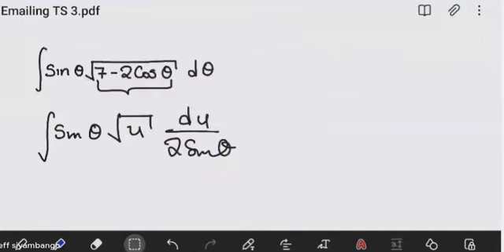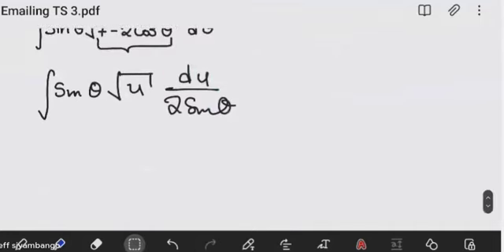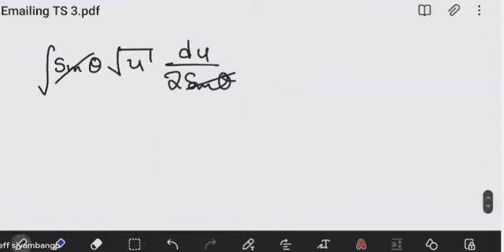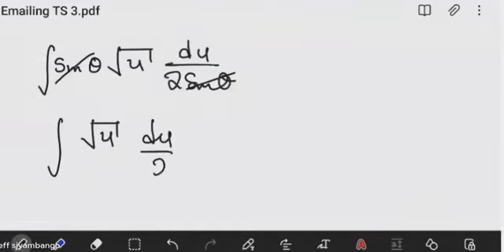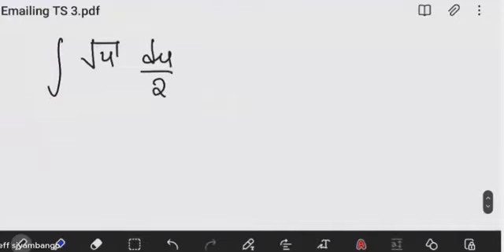What you quickly see here is that the sine theta will cancel with the sine theta, leaving us with only the integral of root u, and then du over 2. 2 is a constant, so it doesn't matter even if we pull it out. But of course, since it's in the denominator, it's over 2 there. And then this is now the integral of root u.